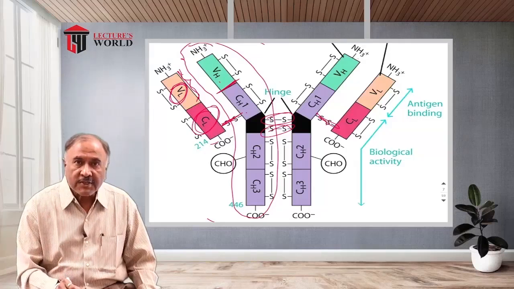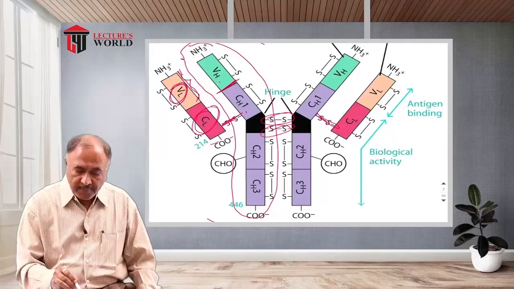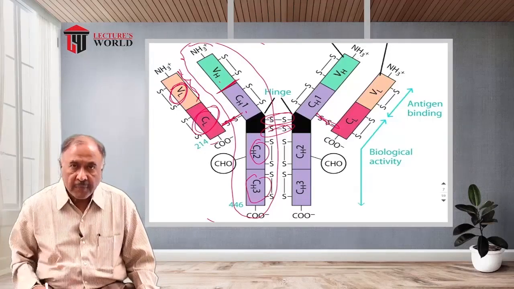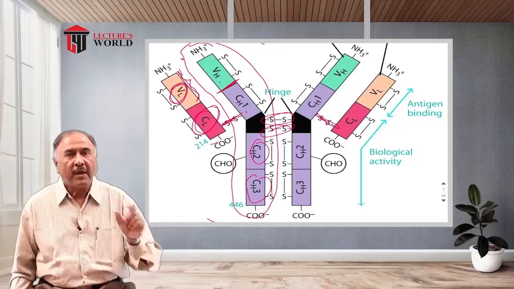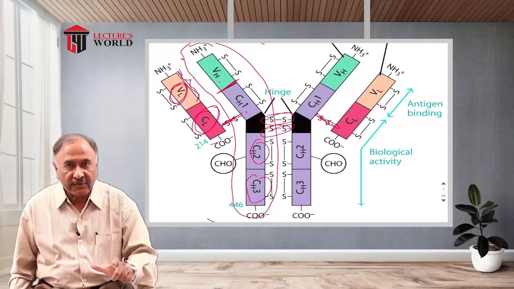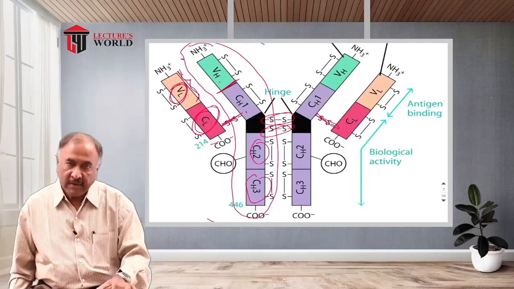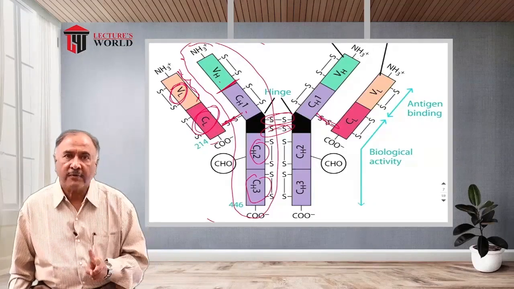So constant heavy 1, constant heavy 2, constant heavy 3. In this way, the heavy chain has 4 sections for our understanding, and light chain have 2 sections.